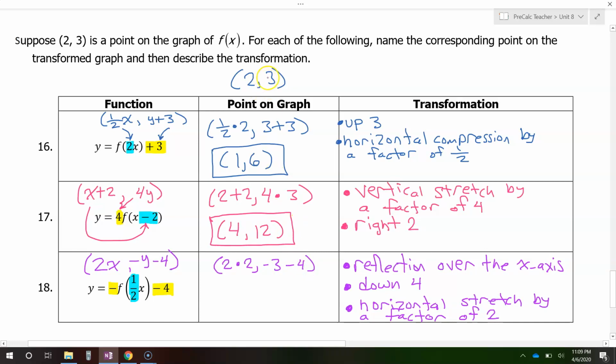That is going to give me 4, negative 7. So that's how you can perform a variety of transformations on a particular point.